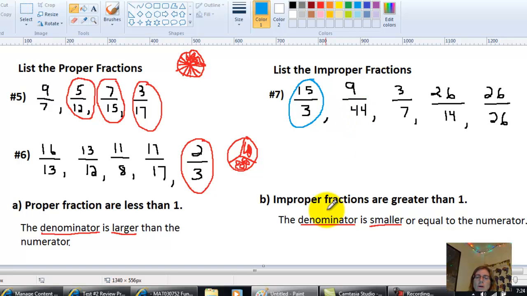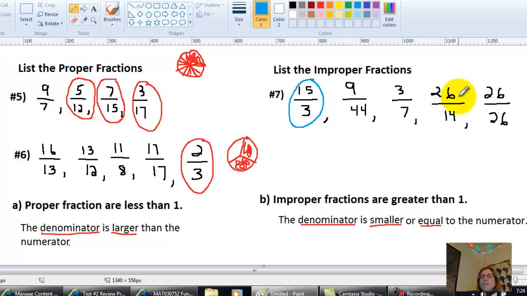Alright, so we're looking for where the denominator is smaller or equal to the numerator. Smaller or equal. This denominator is larger than the numerator, so that's a proper fraction. Numerator is smaller than denominator, that's a proper fraction.